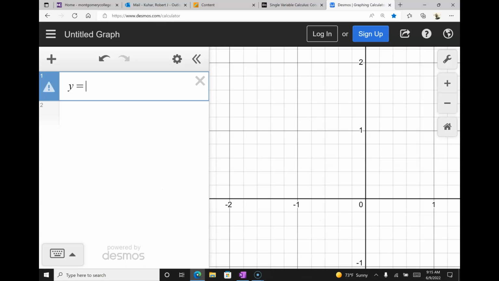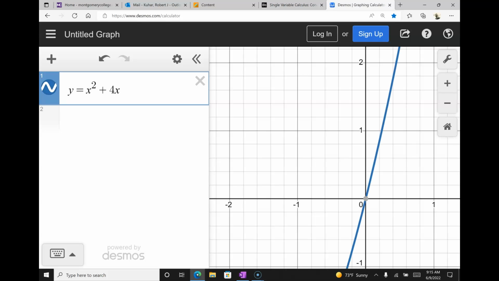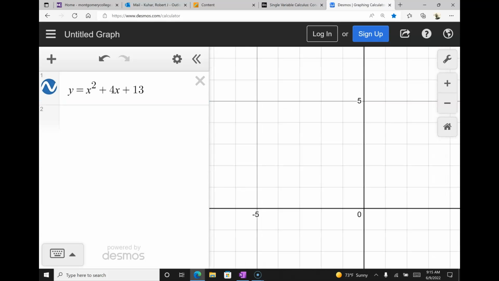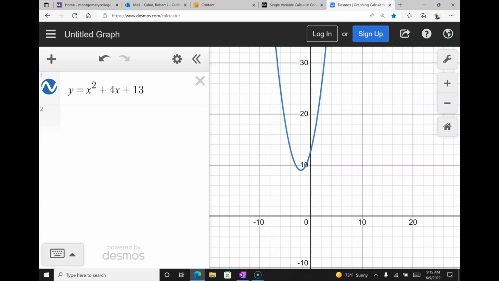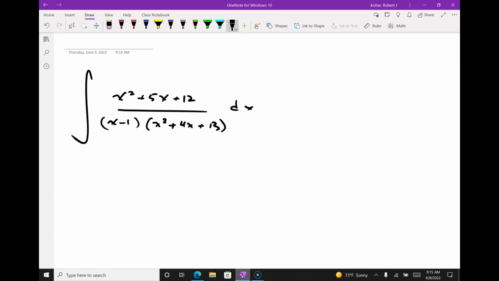So y equals x squared plus 4x, what was it, plus 13 or 15? And when I look at it, I see it's not factorable. That's the main thing I'm looking for right here. It's not factorable, so I know this thing is completely factored already.